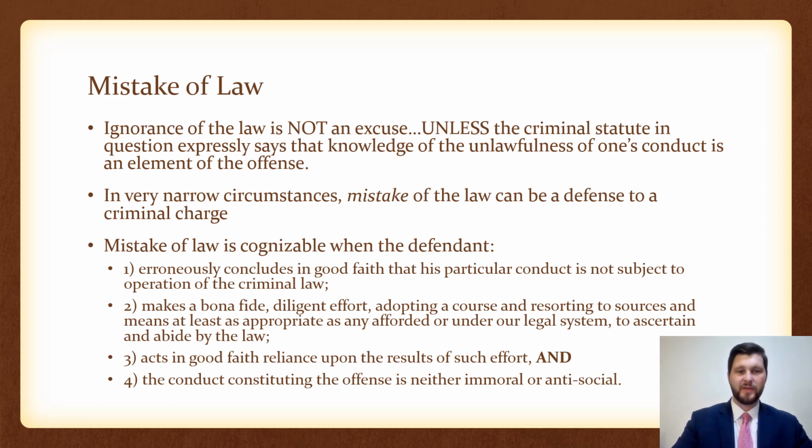Number 2, they make a real diligent effort, adopting a course and resorting to sources and means at least as appropriate as any afforded under our legal system to ascertain and abide by the law. Number 3, they act in good faith reliance upon the results of such effort that you find under number 2. And number 4, whatever they did that constitutes an offense is not immoral or antisocial. And that is exactly what we see in Kipp v. Delaware.